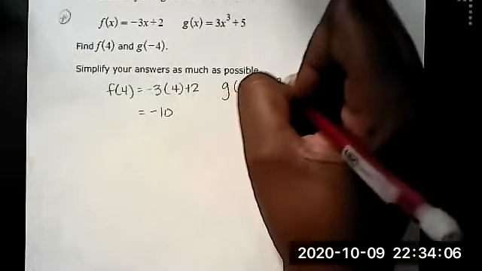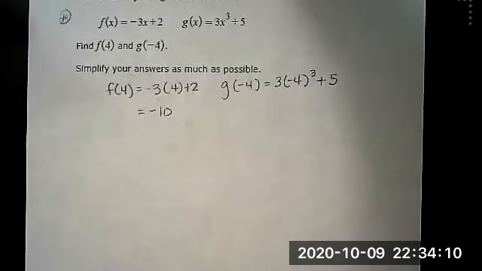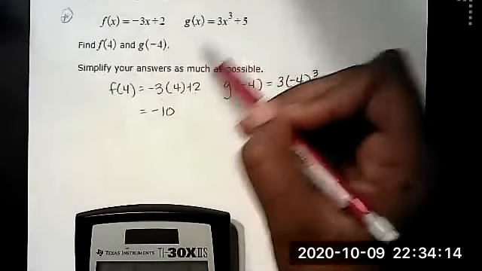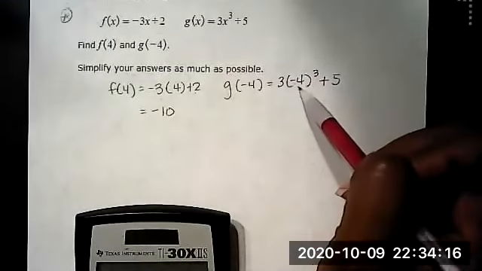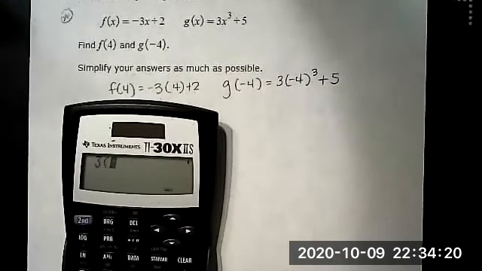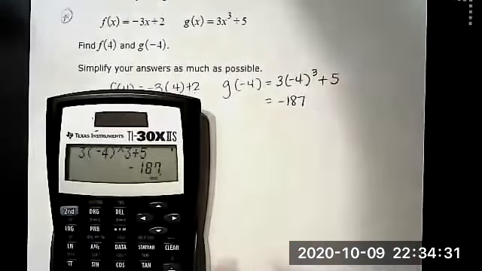And then here it's going to be 3 times -4 cubed plus 5. I'm replacing x, as they said there, with -4. So 3 times -4 raised to the 3rd power plus 5, and I get -187. And that's my answer there.